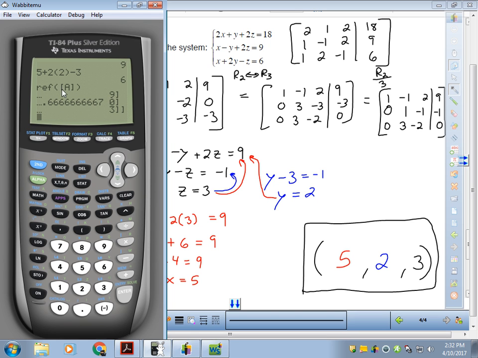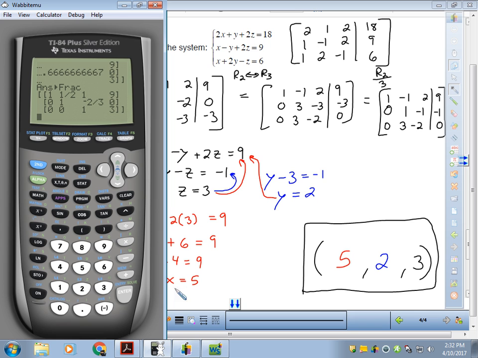Their first two do not because they were okay with fractions. One thing I can point out, if you don't know that these decimals are fractions, you can always hit math and do number 1, and you can convert it into fractions for you. So 1, 1/2, 1, 9, 0, 1, negative 2/3, 0, 0, 0, 1, 3, and it works the same way.